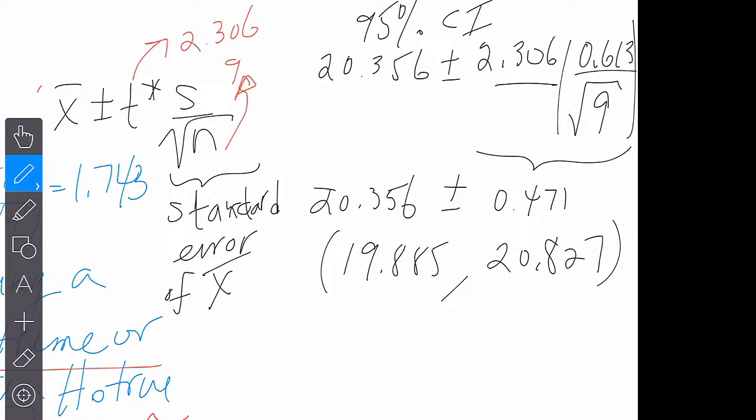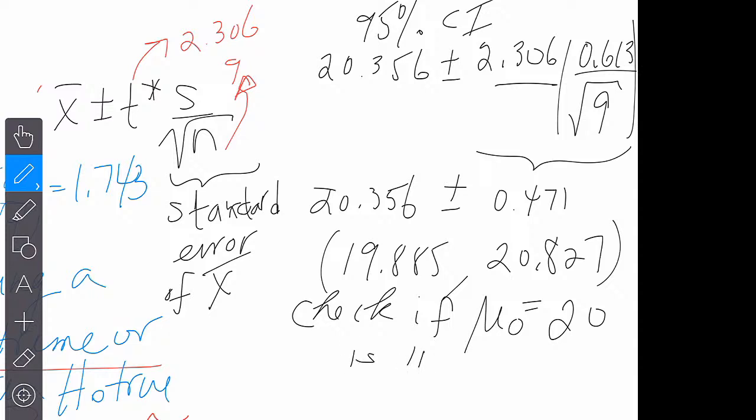Now with that interval, use it to check if the hypothesized mean, the 20, is in there. Only if it's outside of the interval is the test significant.